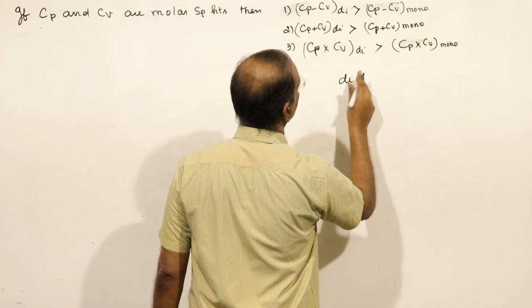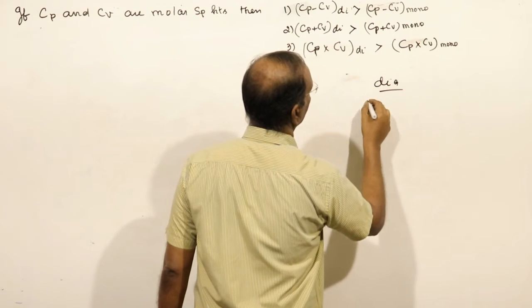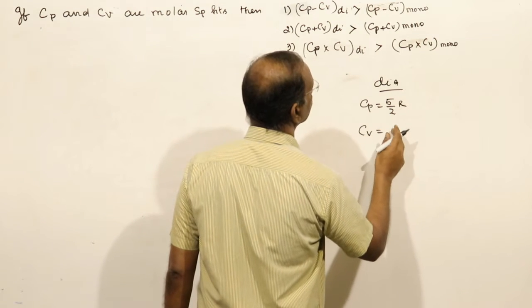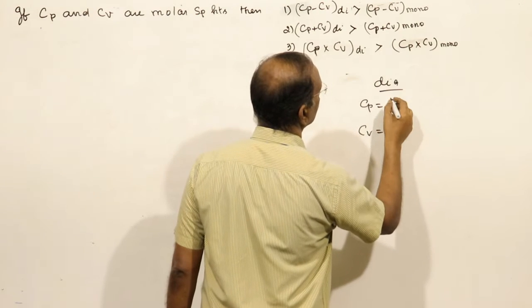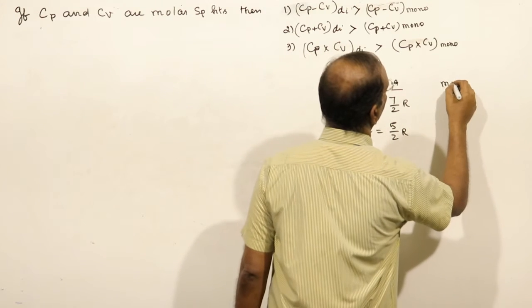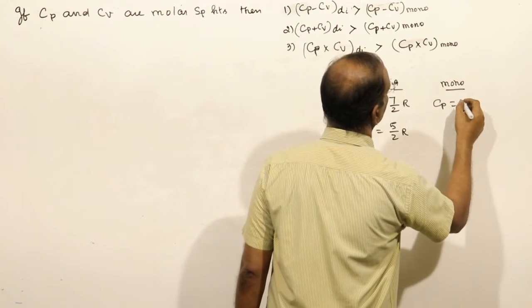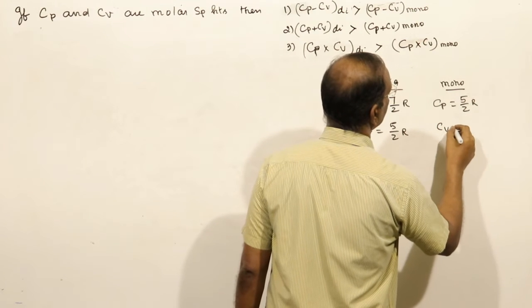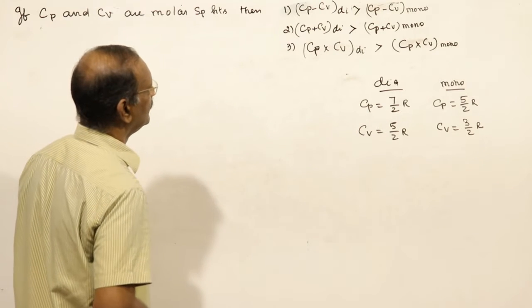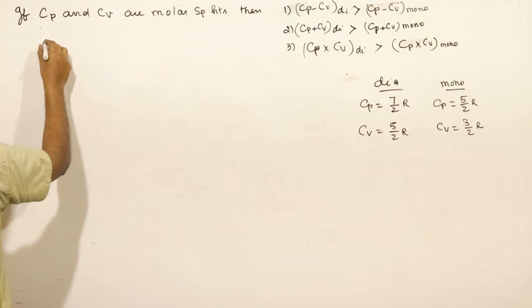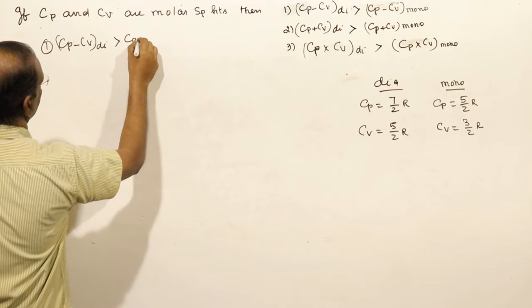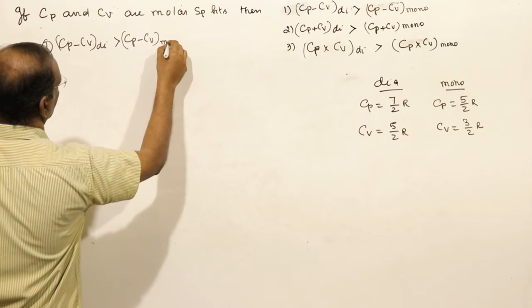For diatomic, Cp is equal to 7 by 2 R and Cv is 5 by 2 R. And for mono, Cp is equal to 5 by 2 R and Cv is equal to 3 by 2 R. So the first question is whether Cp minus Cv of di is greater than Cp minus Cv of mono.